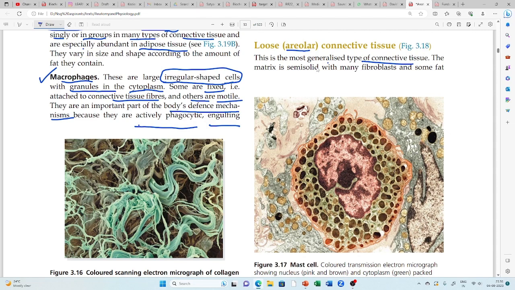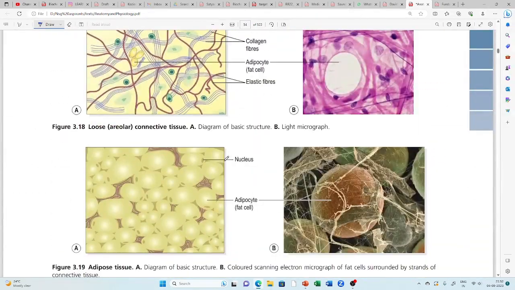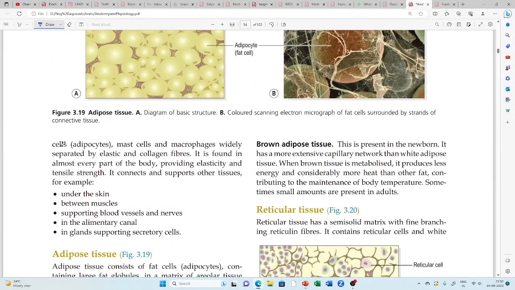The matrix is semi-solid with many fibroblasts, some fat cells or adipocytes, mast cells, and macrophages widely separated. Each and every type of cell is present: fibroblast, adipocyte, mast cells, macrophages.